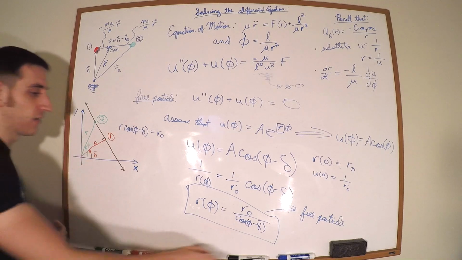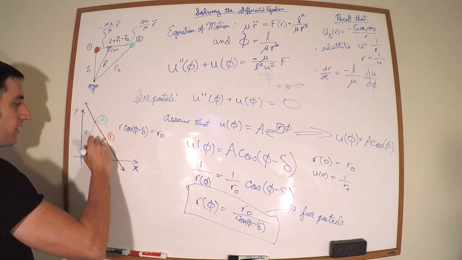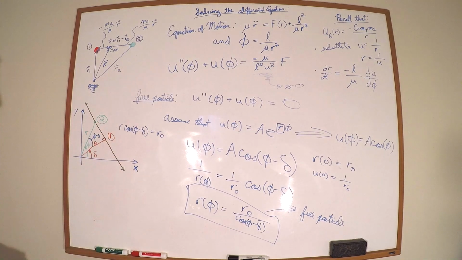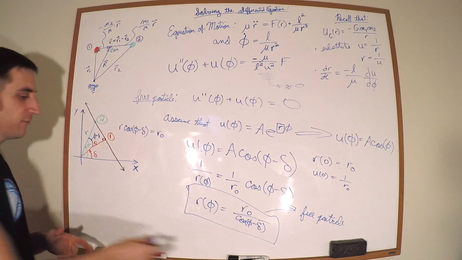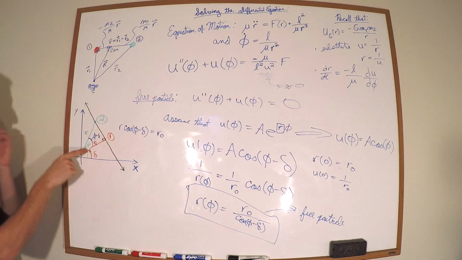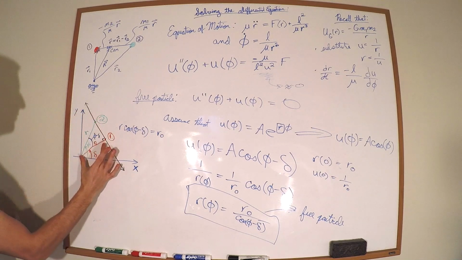So we got this angle, basically this one right there. This is phi minus delta. And if we take the cosine, it's going to fall on this. Basically, this is going to shorten down to be the base.